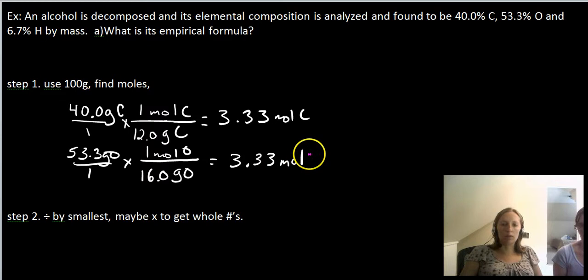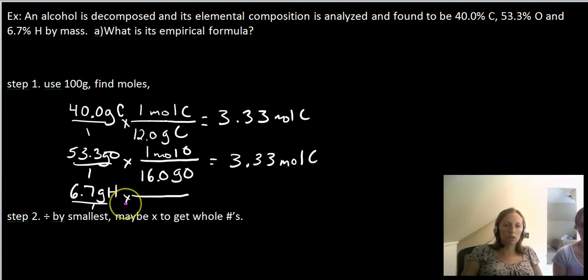Why are they the same? I don't know. It's because it's the same number of carbons as oxygens. 6.7 grams of hydrogen. And hydrogen is 1.0, which makes that math easy. I do not even have to ask the calculator. That's 6.7.